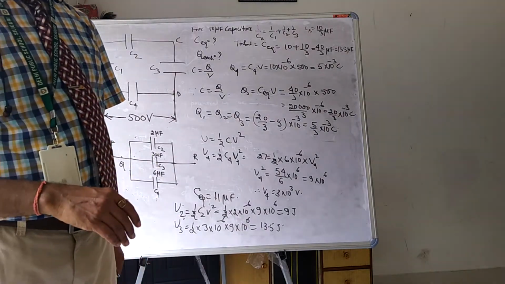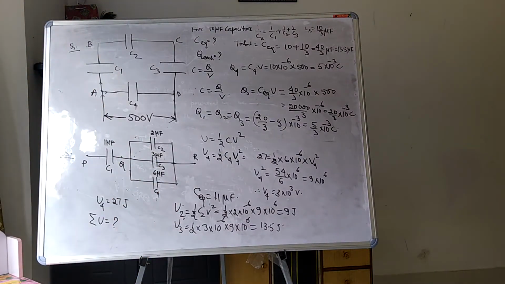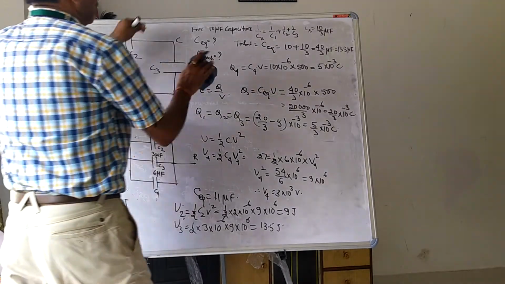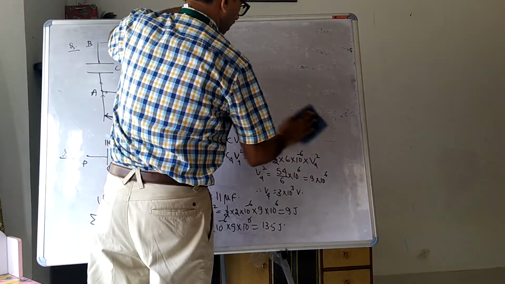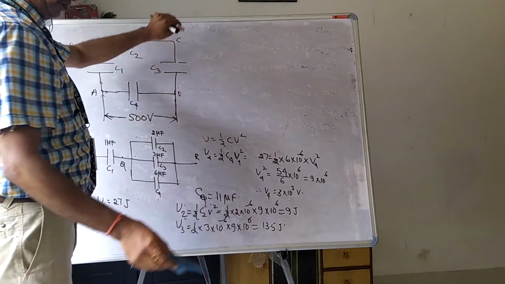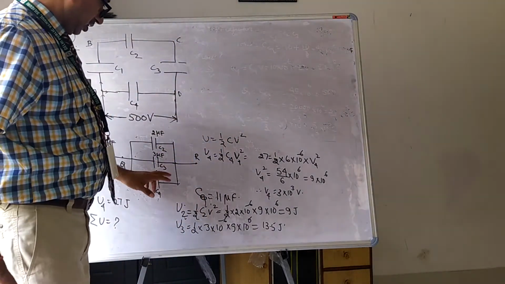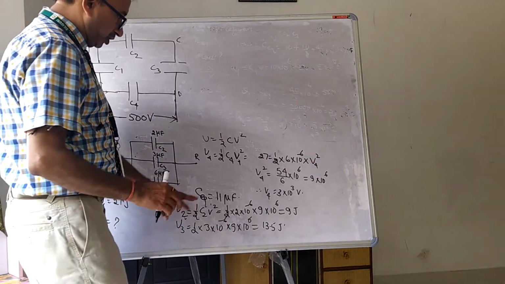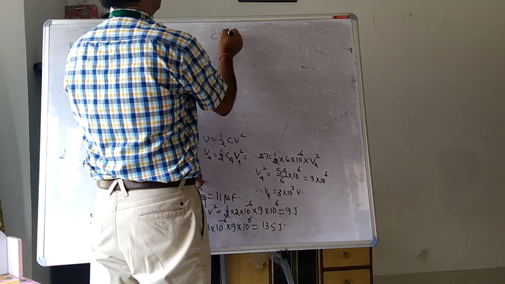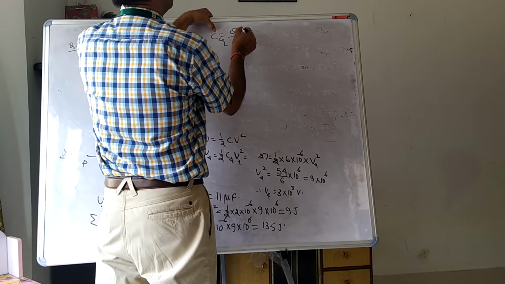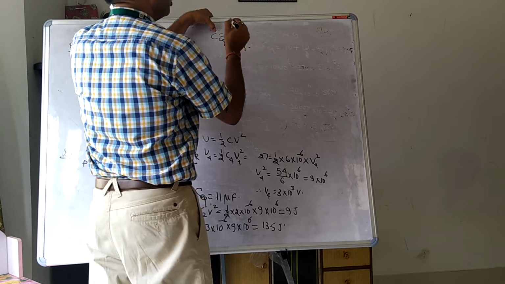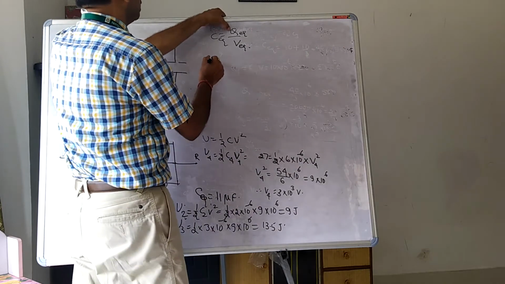Now let us calculate the charge here. We can get the Q equivalent since C equals Q by V. So C equivalent will be Q equivalent by V equivalent, right? So what is the total Q?